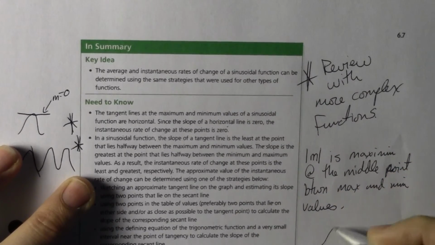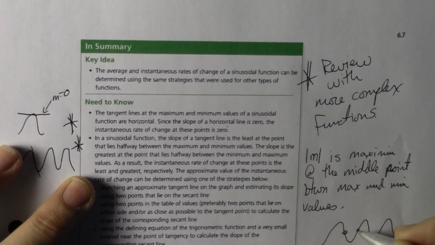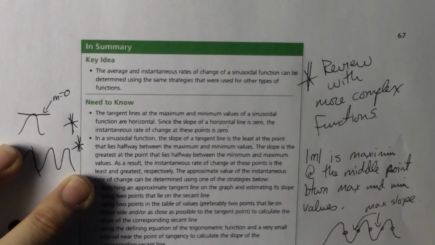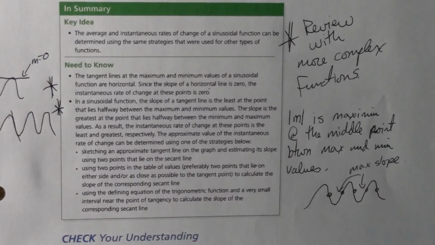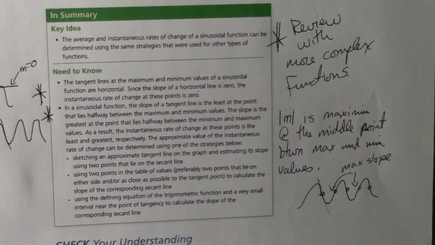Okay, all that's saying then is your slope is the maximum here. Any questions about that point? It's a little confusing how they worded it. They said it's the least because it's the most negative. That's what they mean by the least.